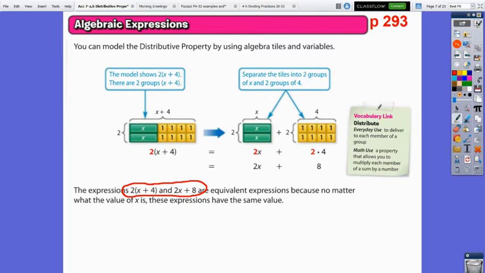So the distributive property means to take a multiplication outside the parentheses and multiply it by everything inside the parentheses. The equivalent in the real world is that distributing is passing something out or giving it out to a bunch of people.